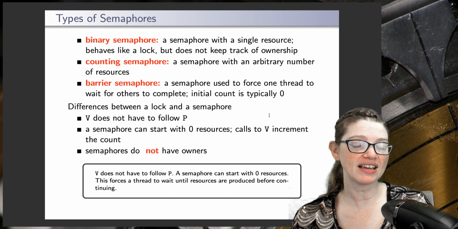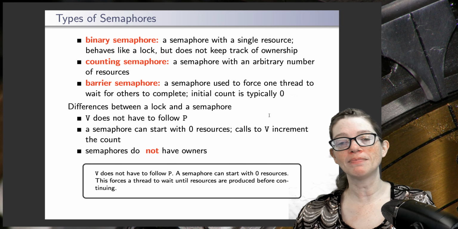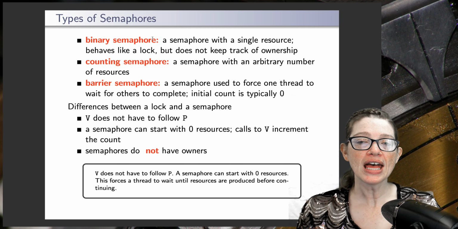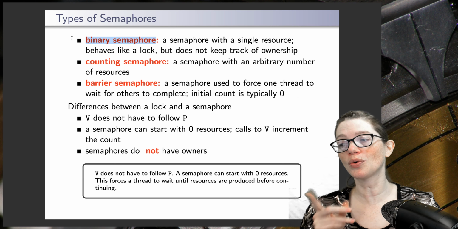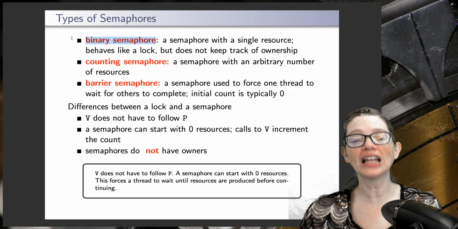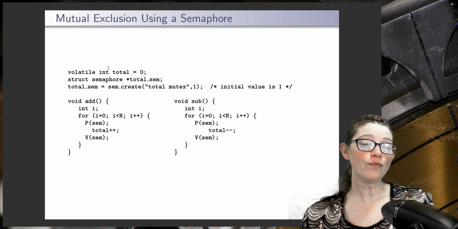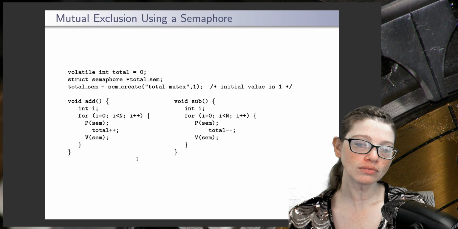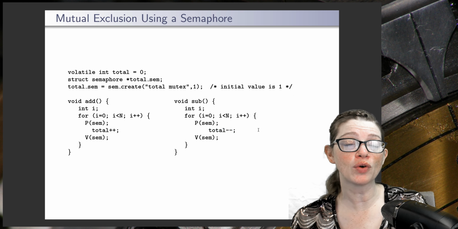Now, how you initialize and use the semaphore can give it a special name. The first one is a binary semaphore. A binary semaphore is a semaphore that has just one resource, so you create it with resources equal to 1, and then you use it like a lock. We could take that code from before, where we have that shared variable total, and use a semaphore instead of a lock.